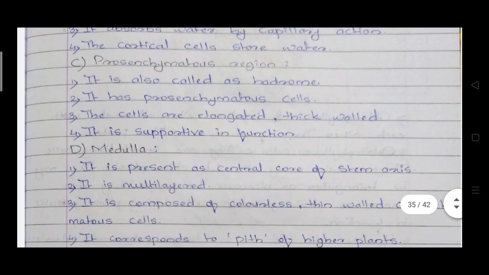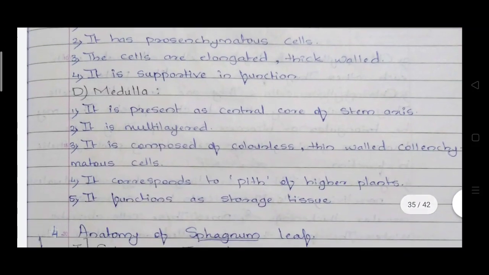Then next to the prosenchymatous region, the fourth region is the medulla. The medulla is the central core of the stem axis, and it is multi-layered. Mostly this region is colorless, and the cells are thin-walled chlorenchymatous cells. These cells correspond to the pith of higher plants.